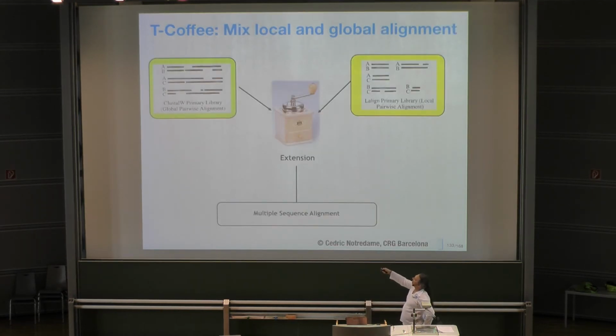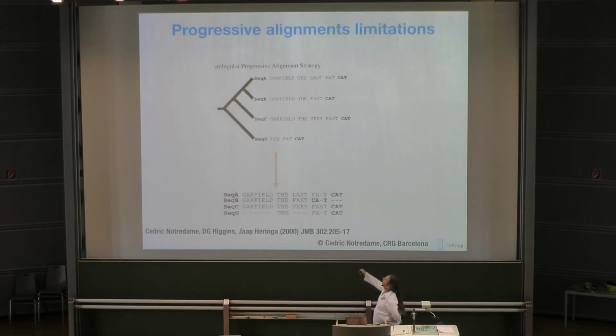So you begin with a bunch of alignments that have been, for instance, created by Clustal W. In fact, the author of T-coffee was one of the co-authors of Clustal W at some point. And then you simply look with a genetic algorithm for the best combination of fragments that you align.